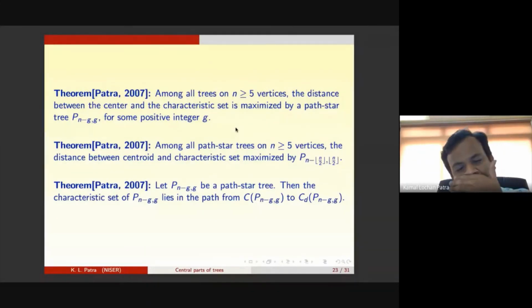So from 2007 to 2017, there are no works related to maximizing the distances, though in between subtree core is actually defined, and subtree core also behaves like a central part.